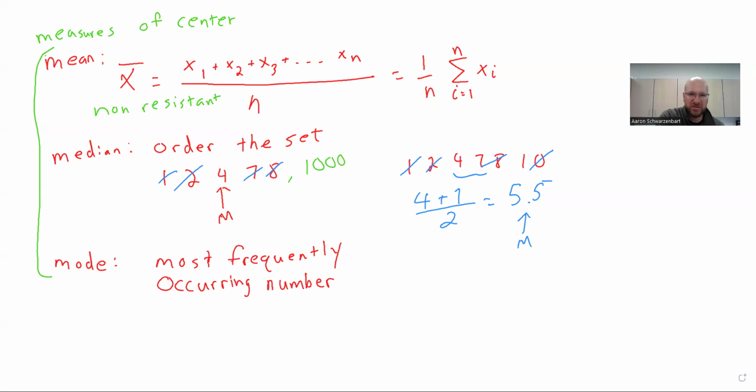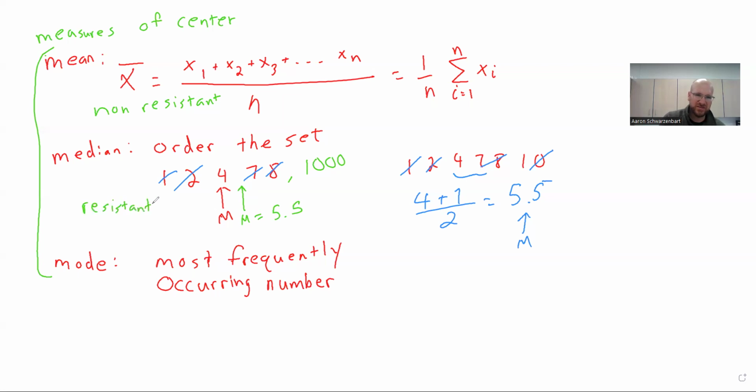So that number, this 1,000, would be what we call an outlier, because it doesn't really fit the rest of the data. But it definitely is there. The median now just goes here, the middle of those two, 5.5. So the median is called resistant.